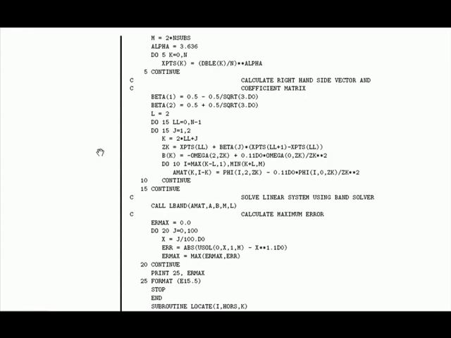And the main program is even simpler than the Galerkin method. For each of the ZK, the collocation points, that is, the points at which the partial differential equation has to be satisfied exactly. Here's your BK.